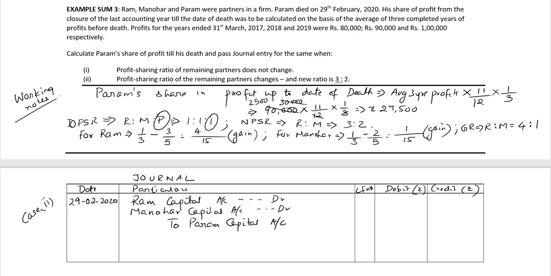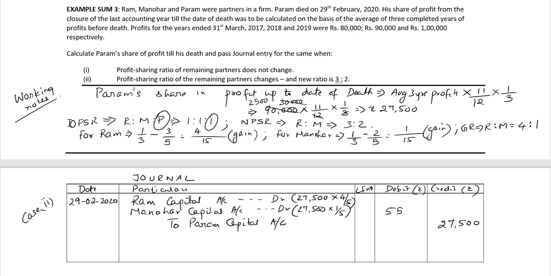Against Param capital account, Param share in profits up to the date of his death, 27,500 rupees. And in the case of Ram, it's 27,500 multiplied by his gain ratio, which is 4 divided by 5. And for Manohar, it's 27,500 multiplied by 1 divided by 5.